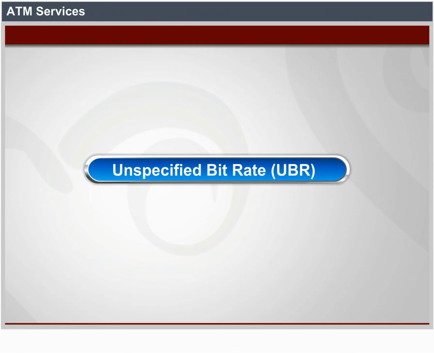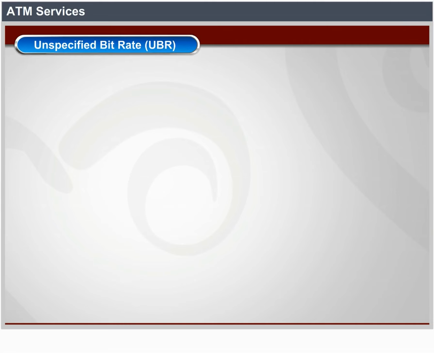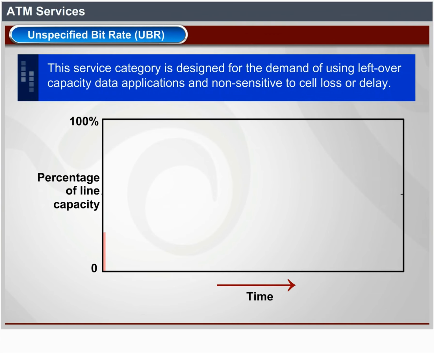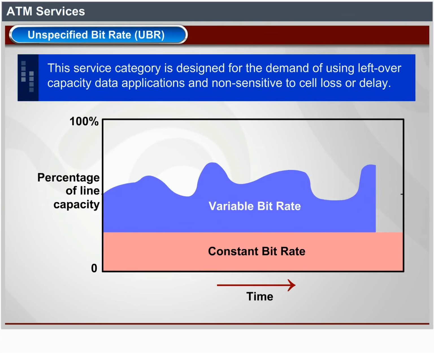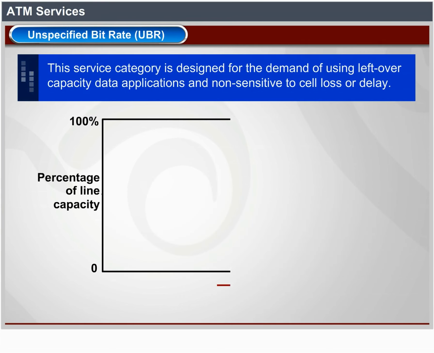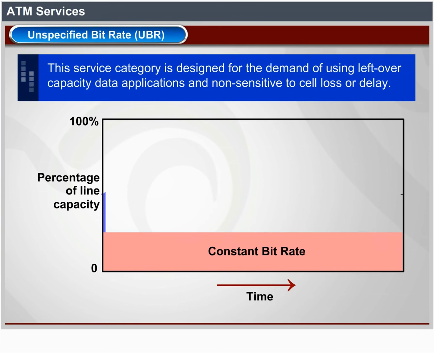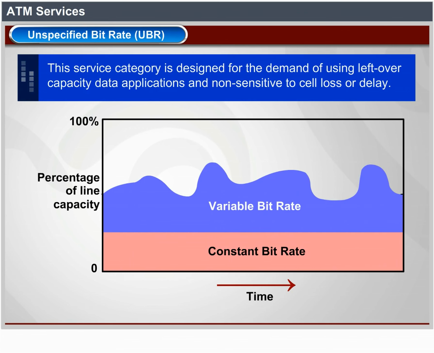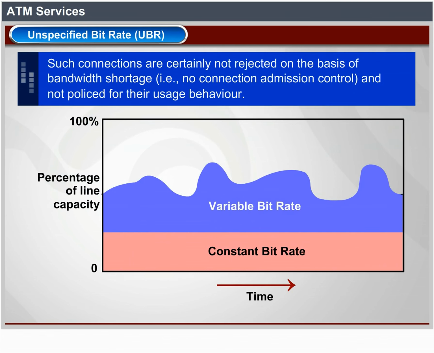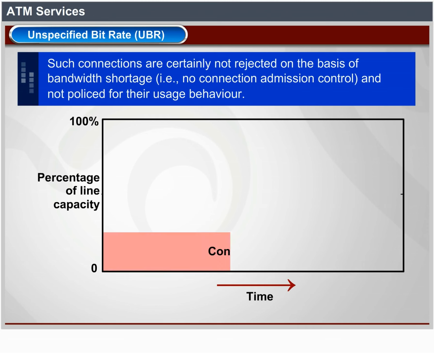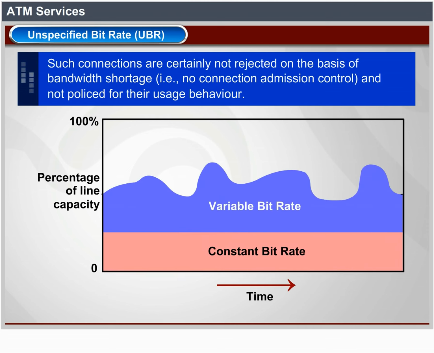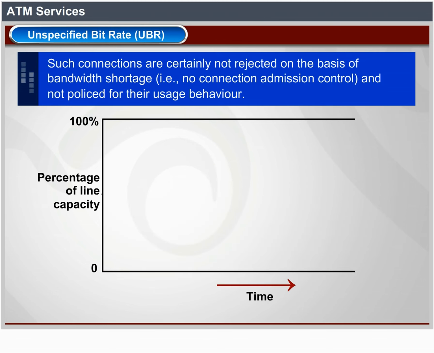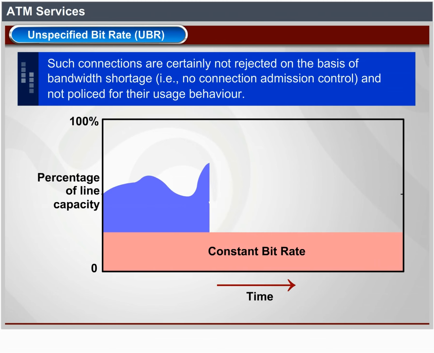Unspecified bitrate UBR. This service category is designed for those data applications that want to use any leftover capacity and are not sensitive to cell loss or delay. Such connections are not rejected on the basis of bandwidth shortage, that is, no connection admission control, and not policed for their usage behavior.